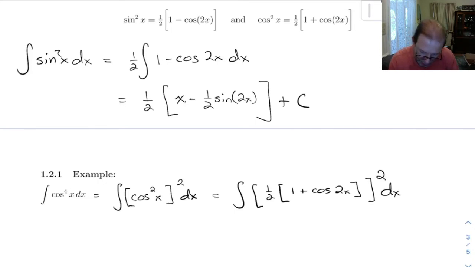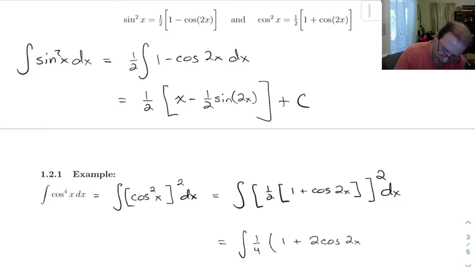And I've got this squared, that's the square from here. So I've replaced cosine squared with all of this stuff. Now I've got to square this whole thing. So I've got to square the half, and then squaring the inside, I get 1 plus 2 cosine 2x plus, when I square this last term, cosine squared 2x.